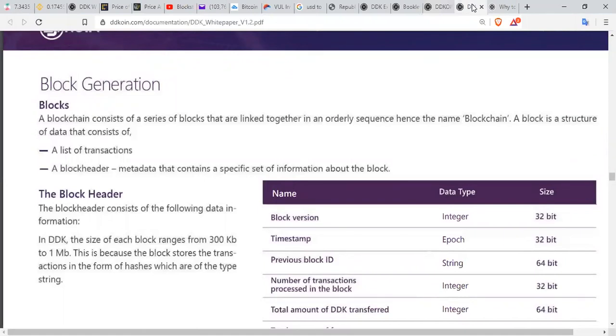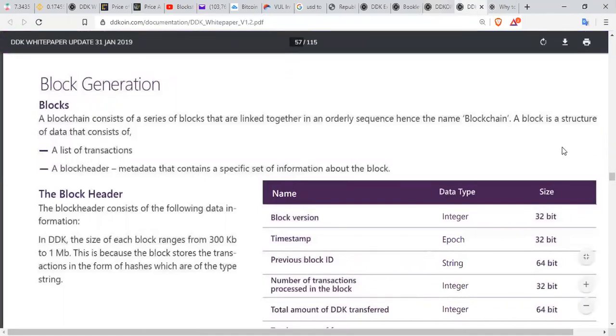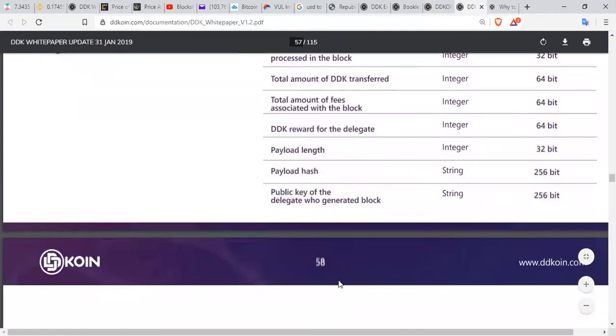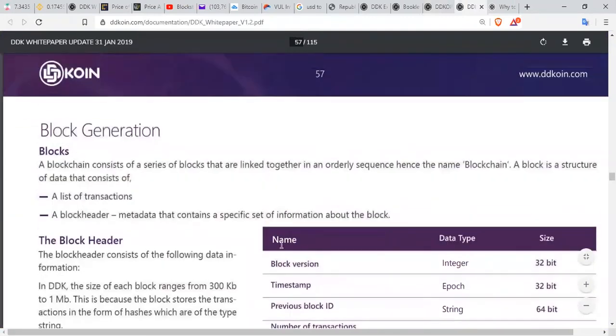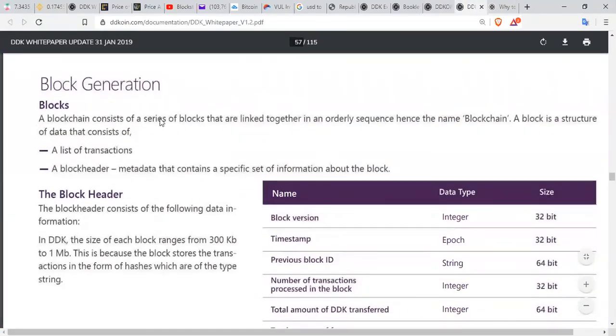So here in the white paper, page 58, nandito yung block generation. So a block or a blockchain consists of a series of blocks that are linked together in an orderly sequence, hence the name blockchain. So dito galing yung term na blockchain technology.